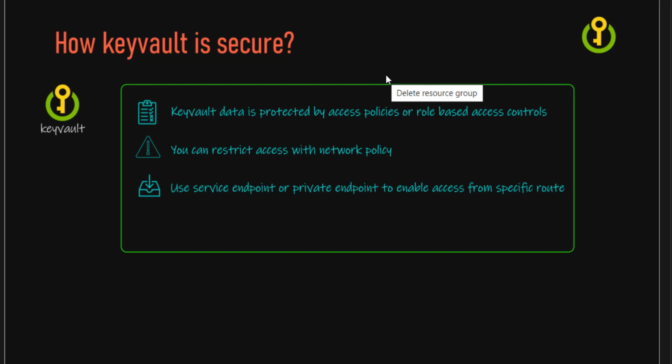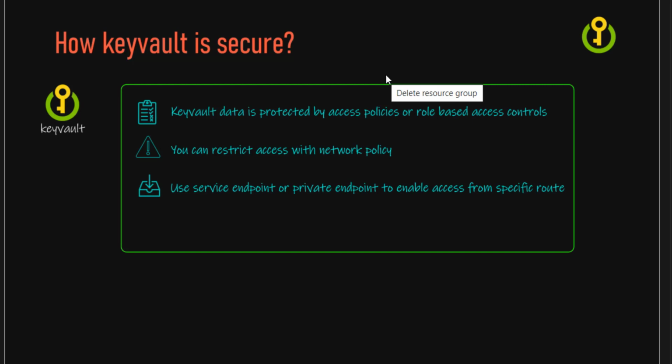And on top of that, if you don't want to go via the public route, you can enable the private endpoint on the Keyvault resource itself. By enabling the private endpoint on the Keyvault, instead of hosting your Keyvault resource on a public IP address, you can host it on your local virtual network, which is a virtual private network.